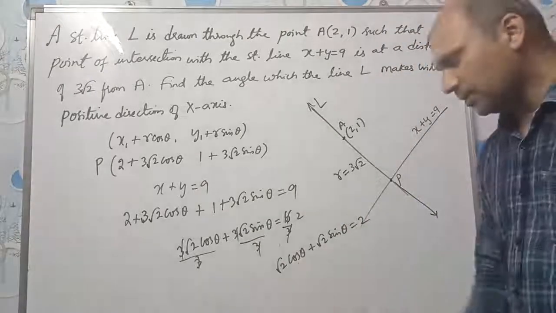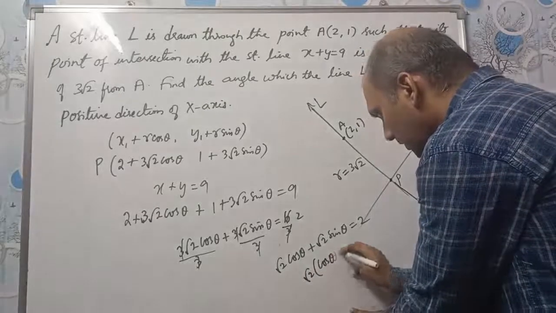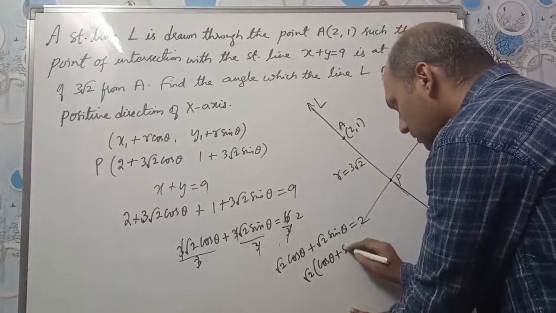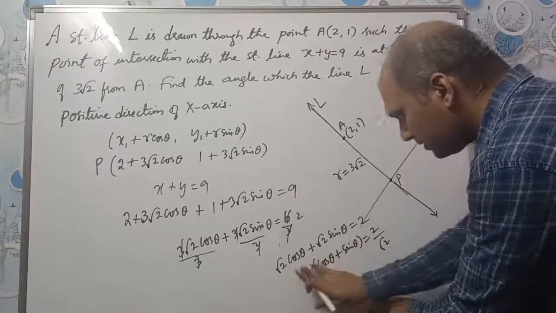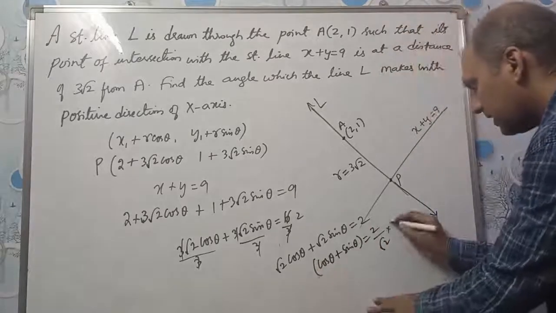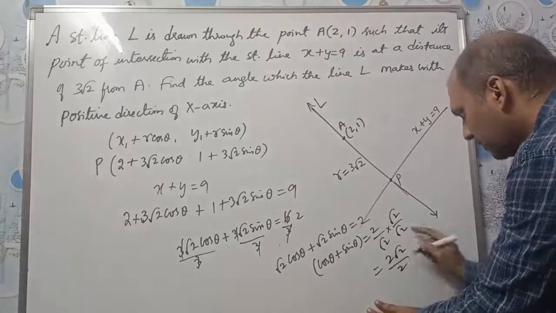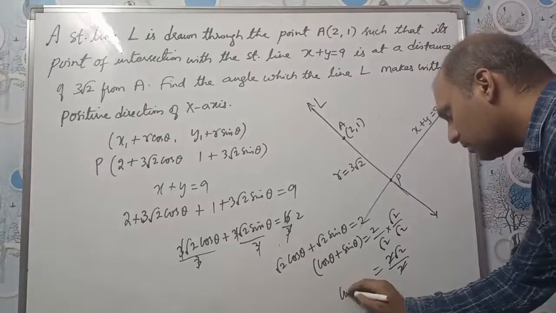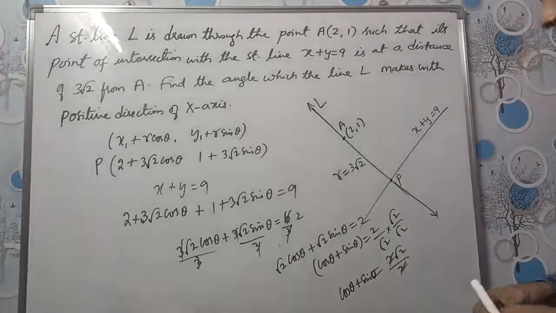Can we take root 2 common from these two terms? Yes. If you take root 2 common, it will be cos plus sin is equal to 2 over root 2. This root 2 comes this side. If you rationalize it, we have 2 root 2 divided by root 2 into root 2 is 2. So what do we have? We have cos plus sin is equal to root 2.